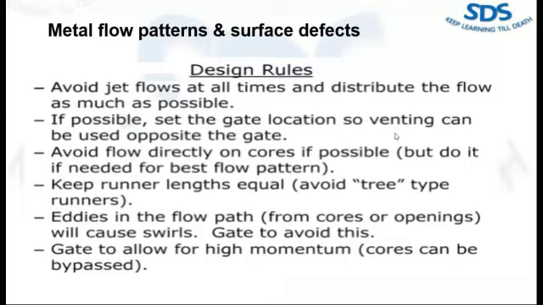I always try to use a round runner. But on many shop floors you will see square or rectangular kinds of runners. Always use a round runner, and it is very easy to decrease gradually towards the gate area.